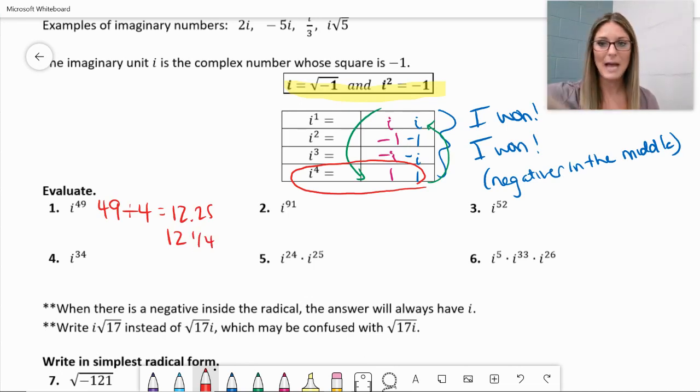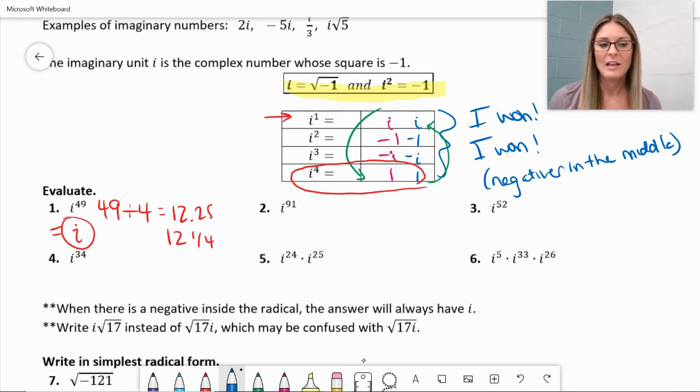So it went through this pattern of 4 answers 12 times, and then it landed on the first of the 4 answer choices. So i to the 49th is equal to the same thing as i to the first, plain old i.